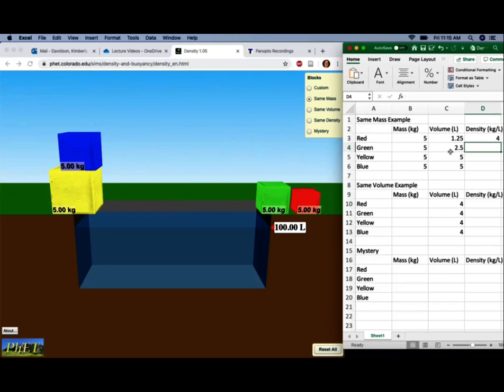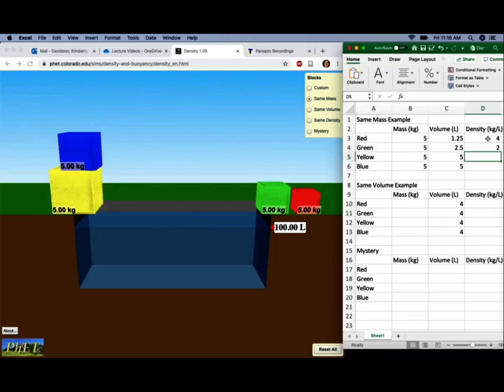And because volume is in the denominator of the density equation, we should expect that this density is less. So let's do that calculation, and we find that the density is 2 kilograms per liter.